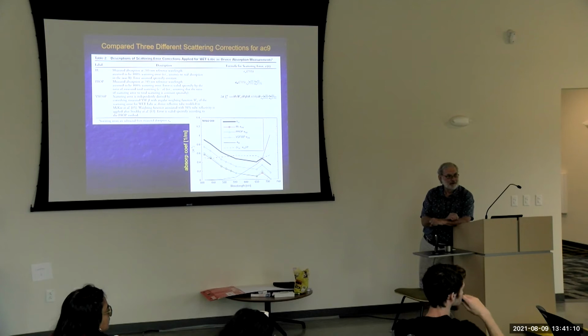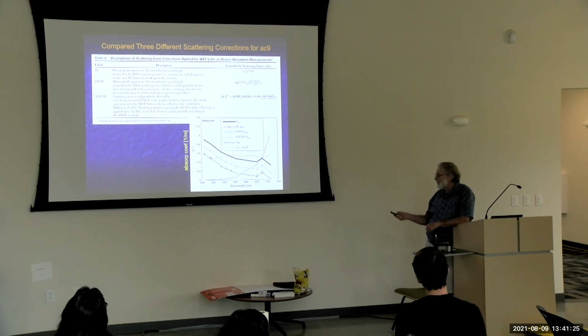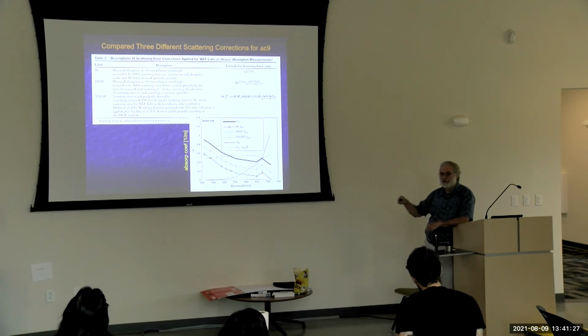If it's a phytoplankton bloom, you would hope that your scattering correction would get you down to zero in the near infrared. So it's always a good check for yourself to think about what your corrections should look like before you run them.